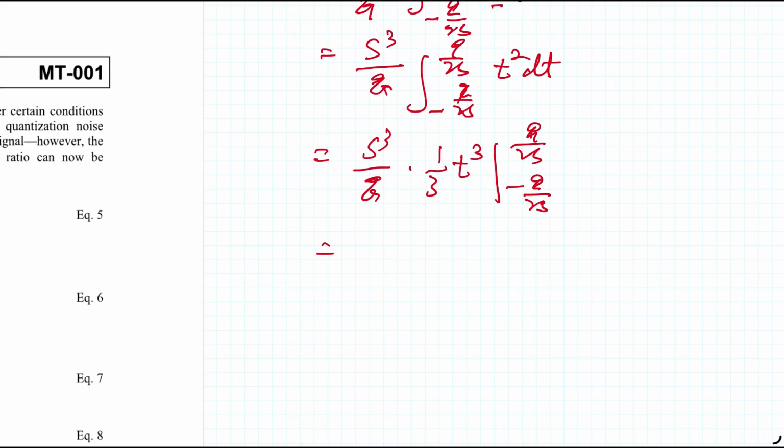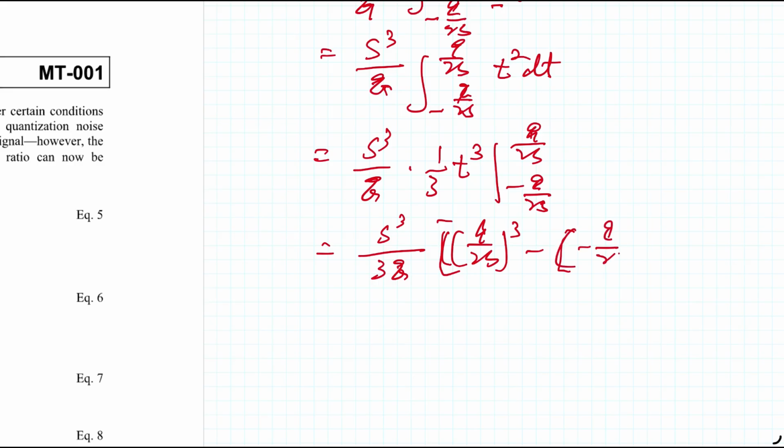Keep working on it. Let's clean up here. We have s cubed over 3Q times (Q over 2s) cubed minus (minus Q over 2s) cubed.